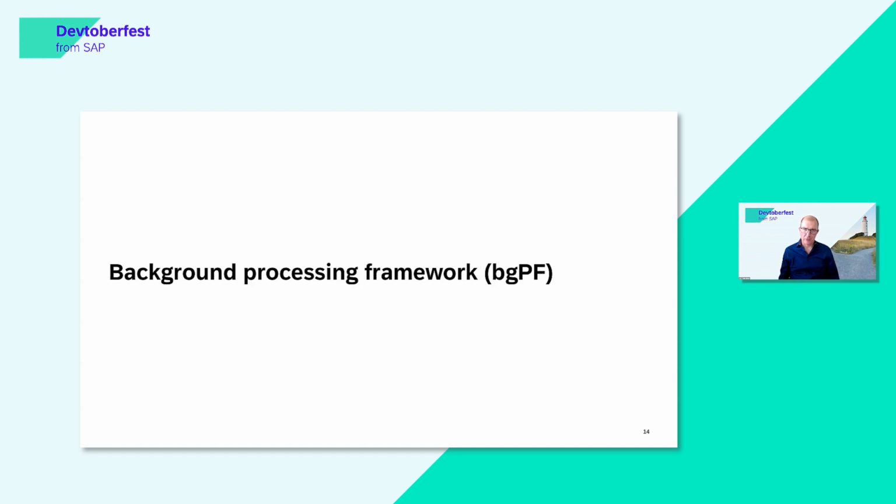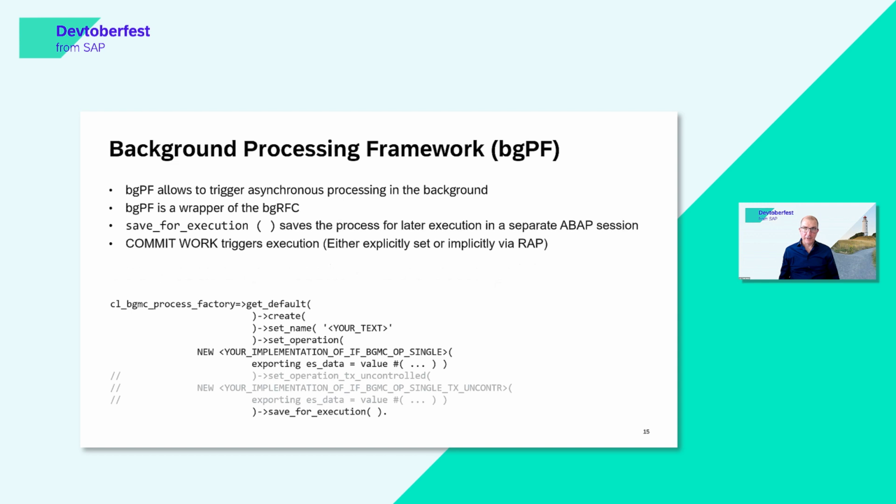So the asynchronous start of an asynchronous process is a nice thing. And for this, we have now developed the background processing framework. It's not totally new. It allows, as said, asynchronous processing. And technically, it's a wrapper around the good old bgRFC.